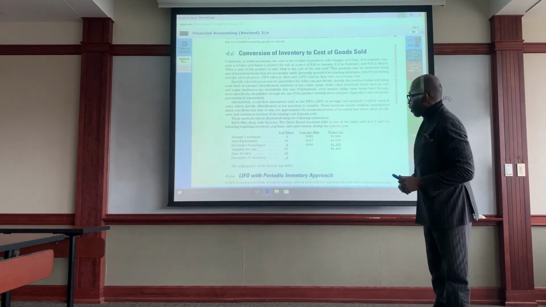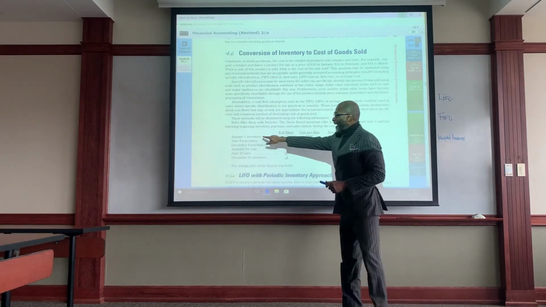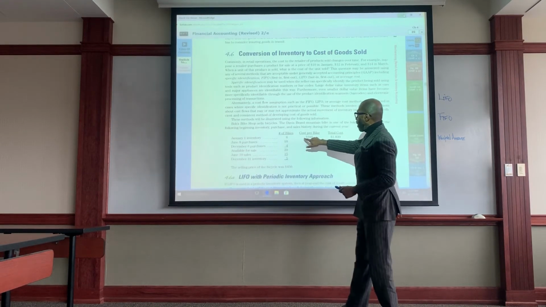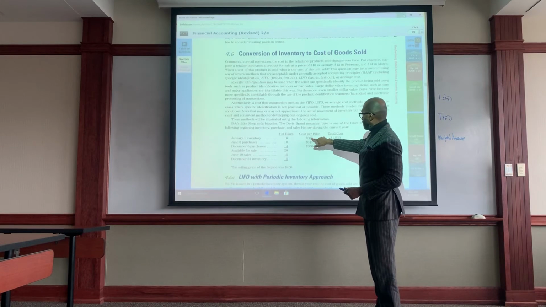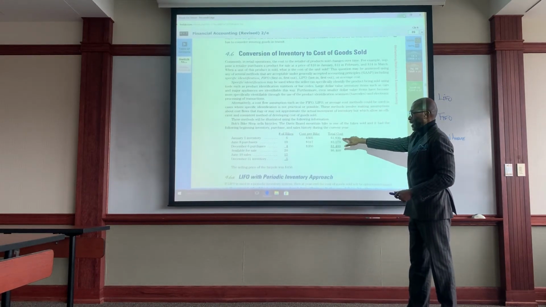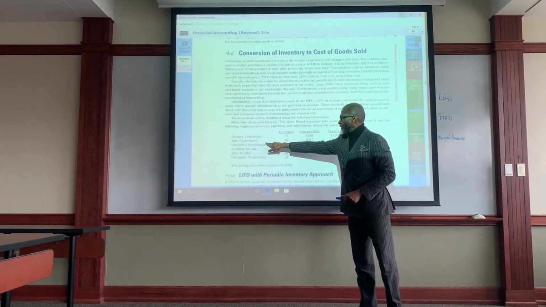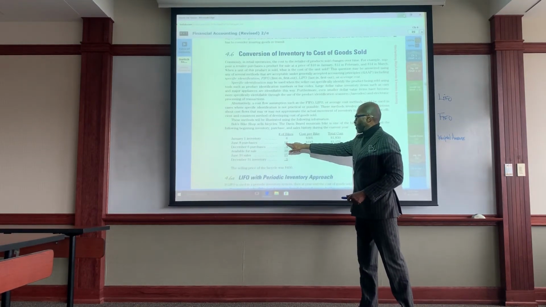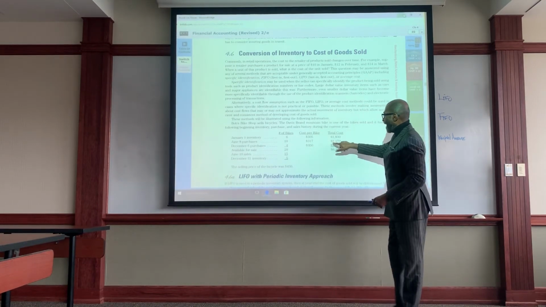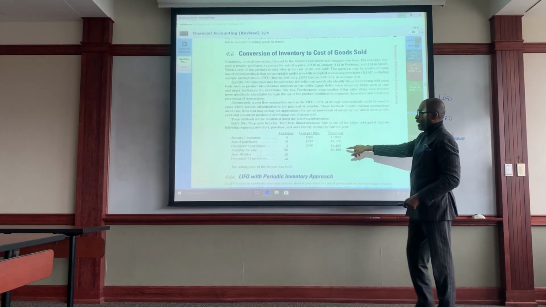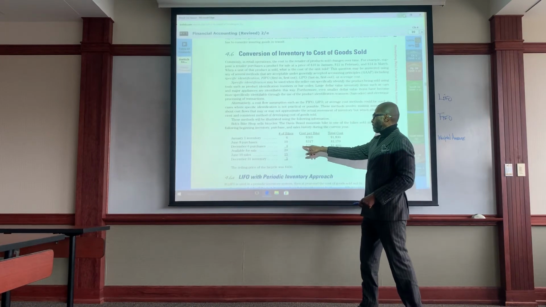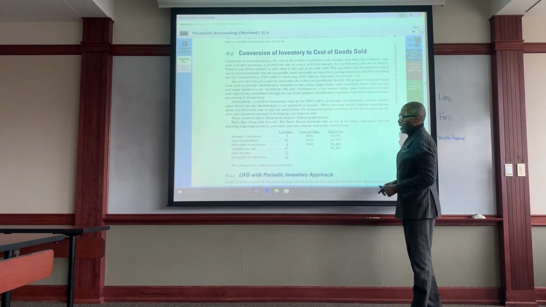I'll go back through that one more time really quick. I started out with 6 units in inventory. Those units cost me $305. The total cost of that beginning inventory layer is $1,830. I then went out and bought on June 8th another 10 bikes of the Davis brand at $317 per bike. That layer cost me $3,170. I finally on December 6th bought another 4 Davis brand bikes at $350 for $1,400.